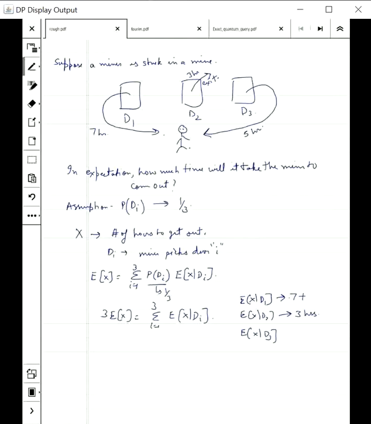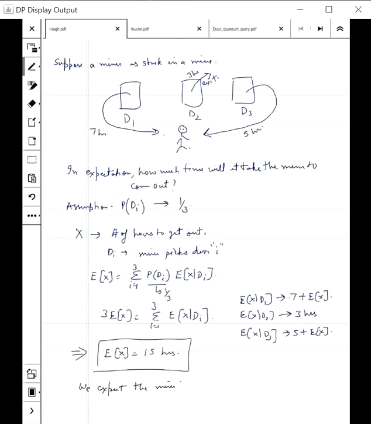So I should say E of X. Similarly, by the same principle, E of X given D3 will be 5 plus the expectation of X. Putting these things in this equation, you can solve and get that the expectation of X is equal to 15 hours. We expect the miner to get out in 15 hours. So this shows a simple application of conditional expectation using the partition theorem.